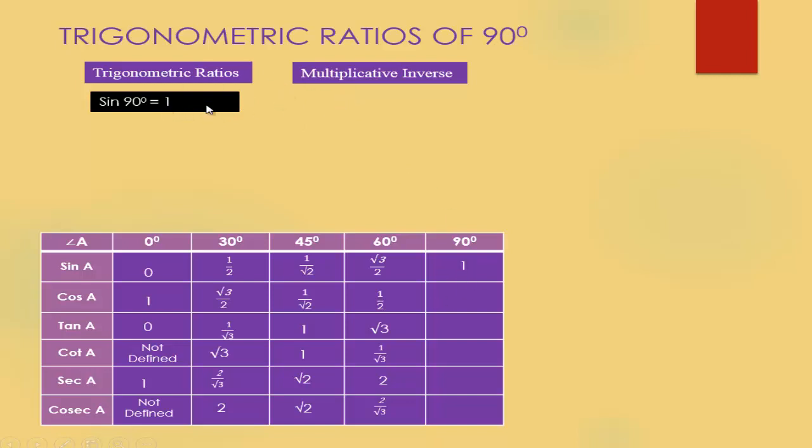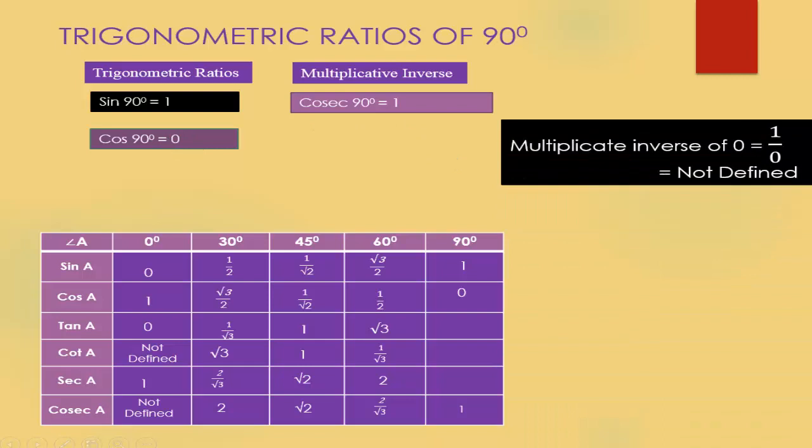Cosecant 90 is also 1 by 1, that is 1. And cos 90 is 0 and the multiplicative inverse of cos means secant, and here the multiplicative inverse of 0 is 1 by 0, that is not defined. Therefore, secant 90 is not defined.